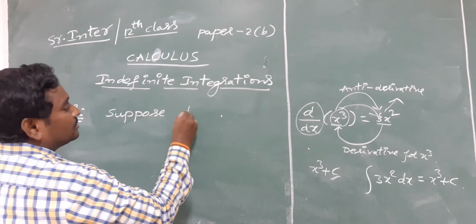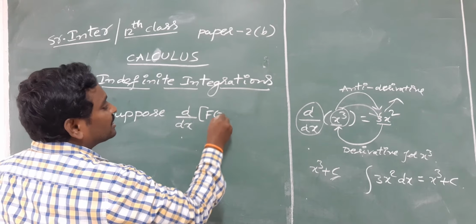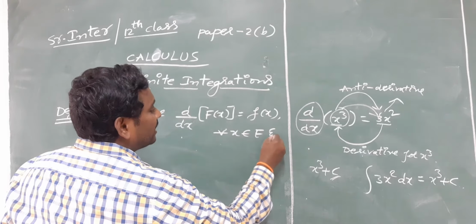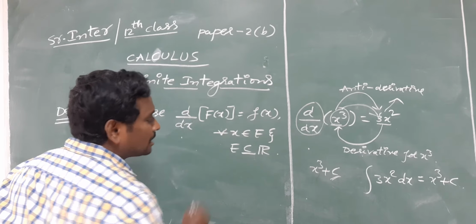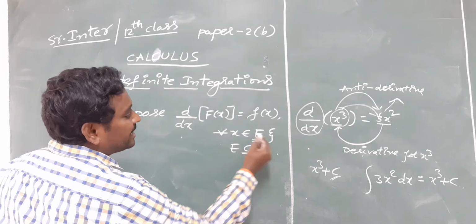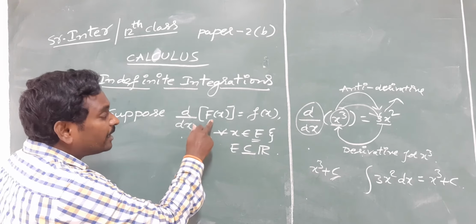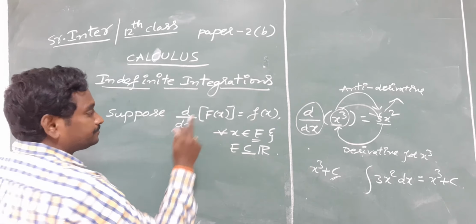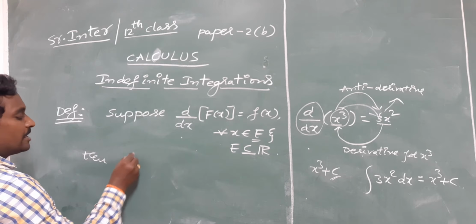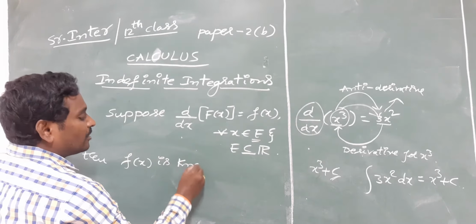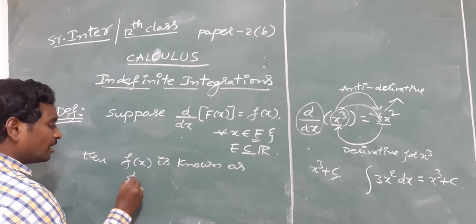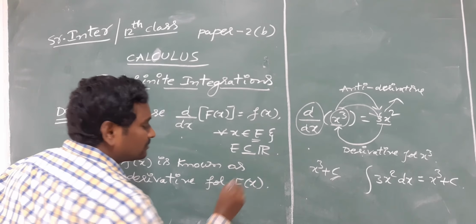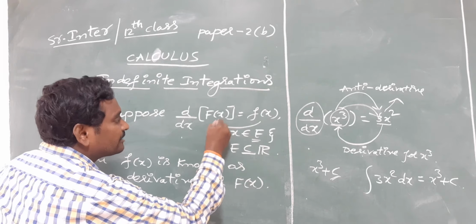Suppose d by dx of a function capital F of x is equal to small f of x for all x belonging to capital E, and here E is a subset of the set of all real numbers R. Capital E is called the domain of the function capital F of x, and capital R is the codomain. Then small f of x is known as the derivative of capital F of x.